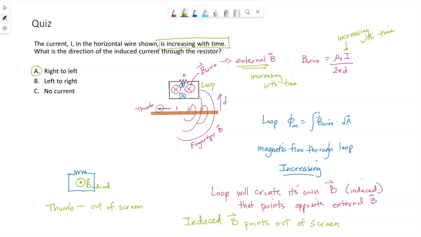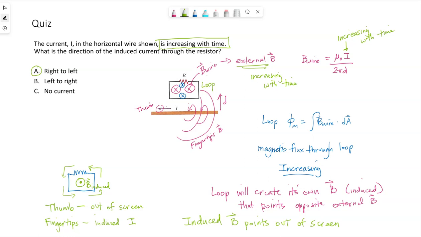My fingertips represent the induced current direction. So with my thumb pointing at my face, my fingertips are pointing like this around my thumb. That means the induced current is flowing counterclockwise through this loop.